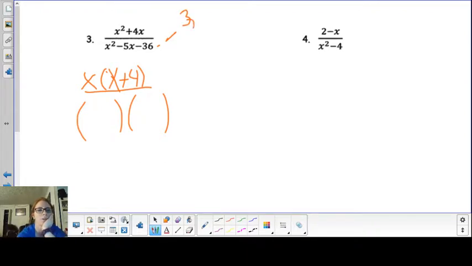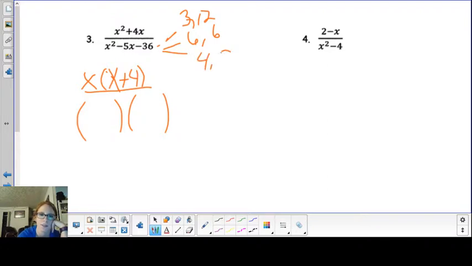I got 3 and 12. That doesn't give me a 5. I got 6 and 6. But that doesn't give me 5. What the heck? I've also got 4 and 9. Can 4 and 9 get me to 5? Okay, well I want to multiply to a negative 36 and add to a negative 5. So which of those 2 numbers needs to be negative?